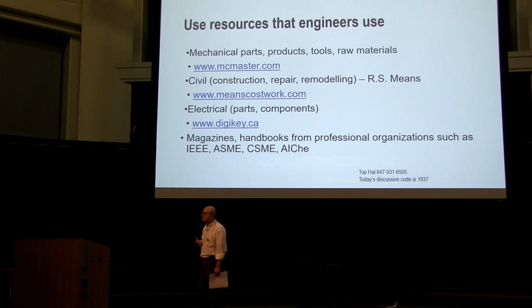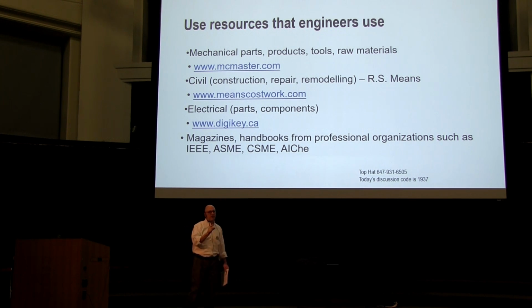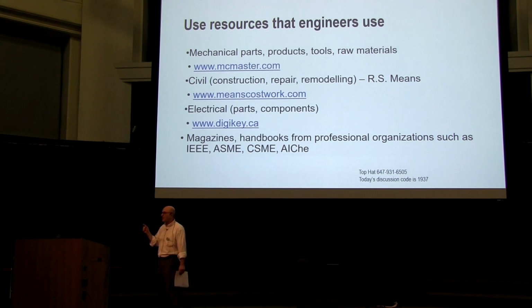If you're going to access mechanical parts, tools, or raw materials, go to McMaster-Carr. McMaster-Carr is where engineers go. And that's where you're going to get the actual wholesale prices, not the retail prices. We're not interested in having our clients buy retail when they can buy from McMaster-Carr.